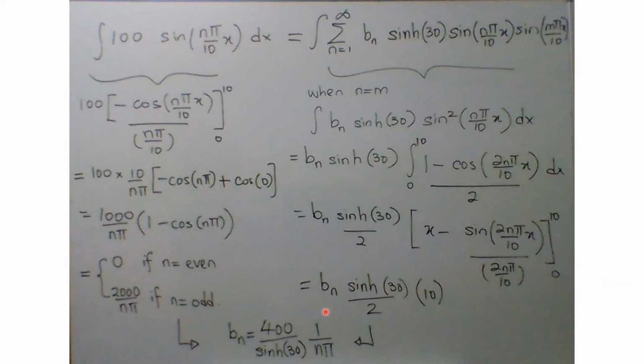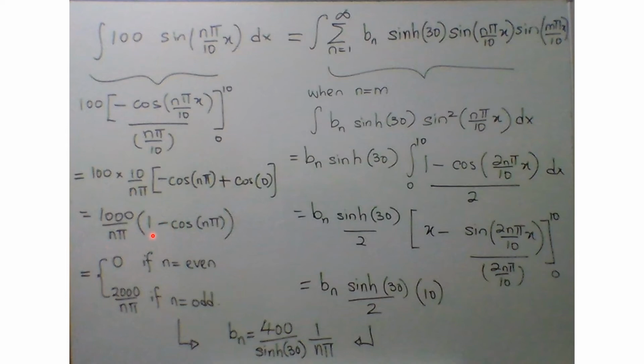So at the end of the day, on the right hand side I will get Bn sinh 30 divided by 2 times 10. On the left hand side here, this is 100. I take it out and I just integrate as usual and put in x from 0 to 10, and then finally I will have this expression over here.